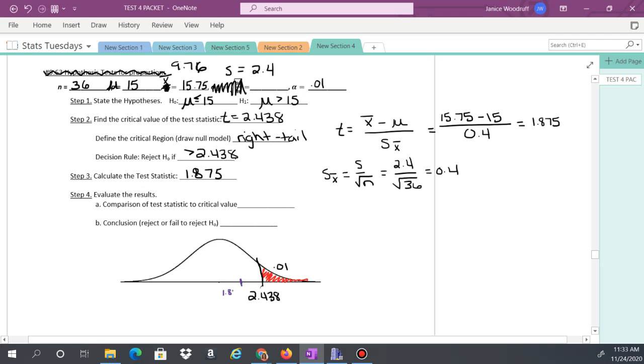So this is not in my rejection region. This is in my region with my smiley face. So we say that 1.875 is less than 2.438, so we fail to reject the null.